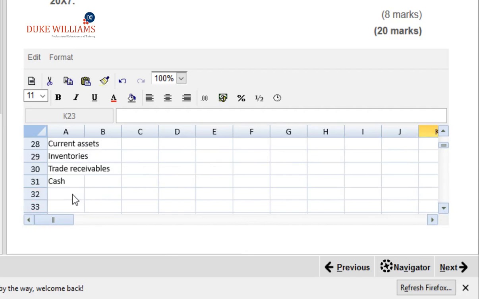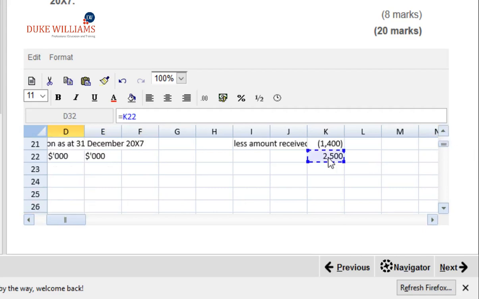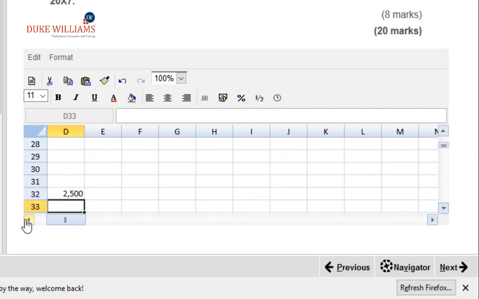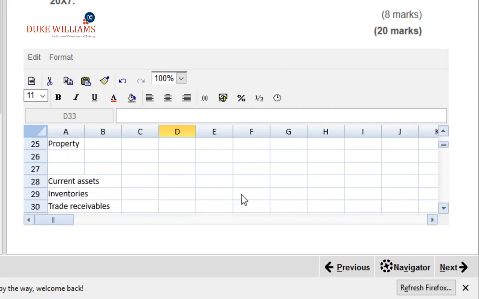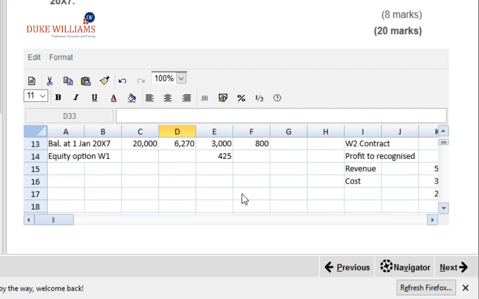We need that under our current asset, and that should be a separate asset. So we have contract asset, and that should be in the first column, column D, and that is equal to what we have up there, this. So there we have it. So we are making progress quickly.